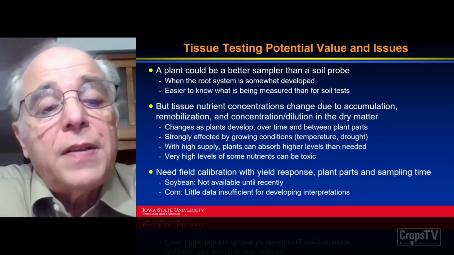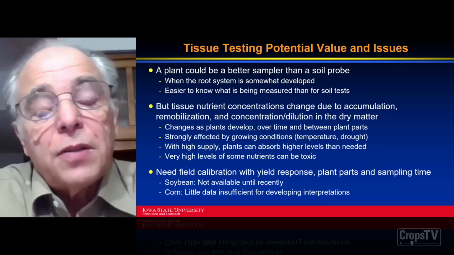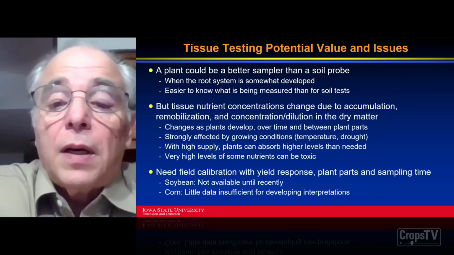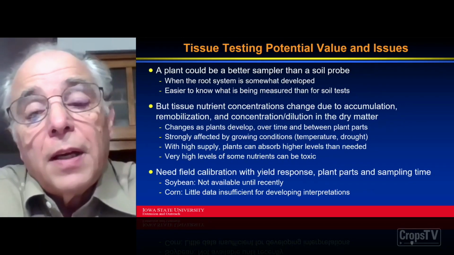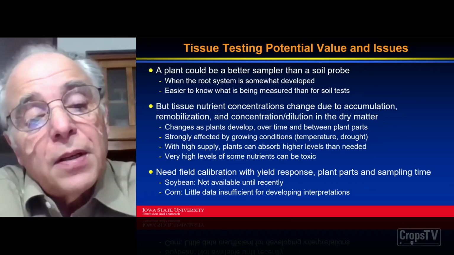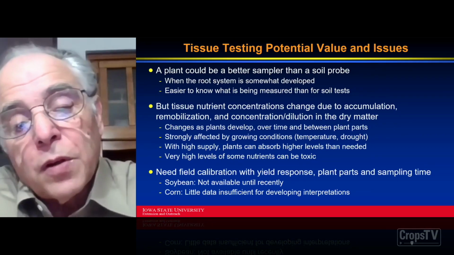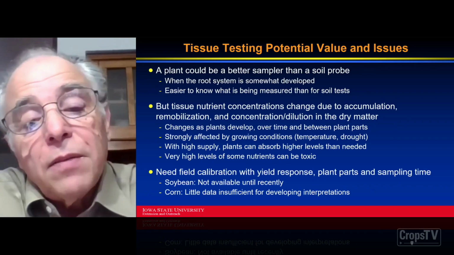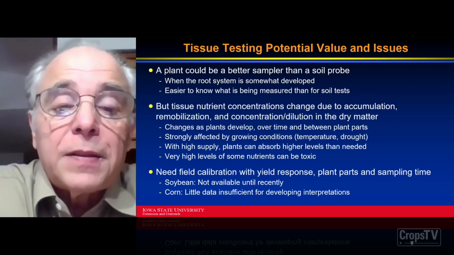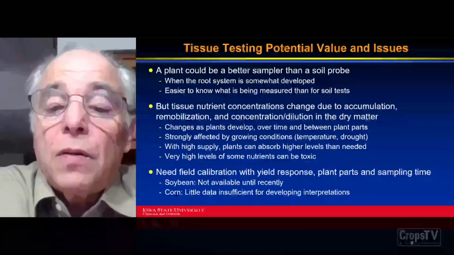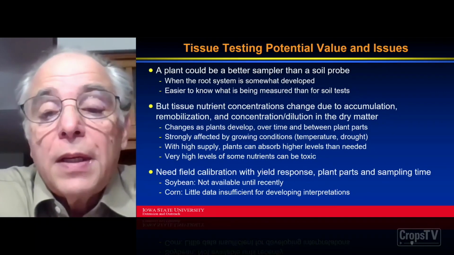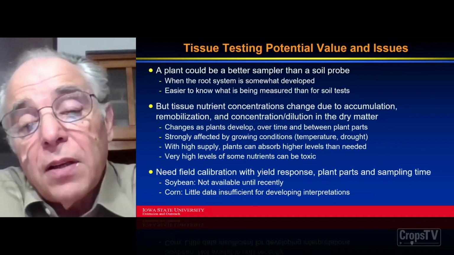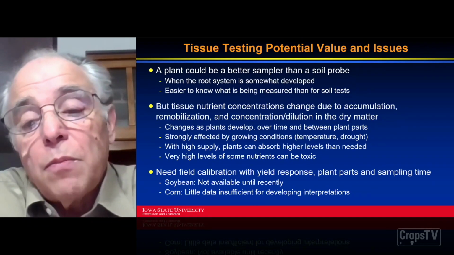The main reason is that the nutrient concentrations in plant tissue change a lot due to accumulation in different plant parts, and remobilization, when for example some nutrients move from the older leaves to the new leaves. And then there is this concentration or dilution of the nutrient absorbed in the dry matter, okay? So there are changes as plants develop over time and also between plant parts.